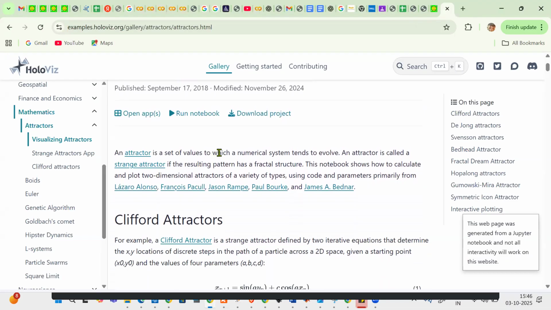An attractor is a set of values to which a numerical system tends to evolve. An attractor is called a strange attractor if the resulting pattern has a fractal structure. So you know now why the Henon attractor can be called a strange attractor, because it shows fractal behaviors. As you zoom more and more, you see self-similar behaviors, right?